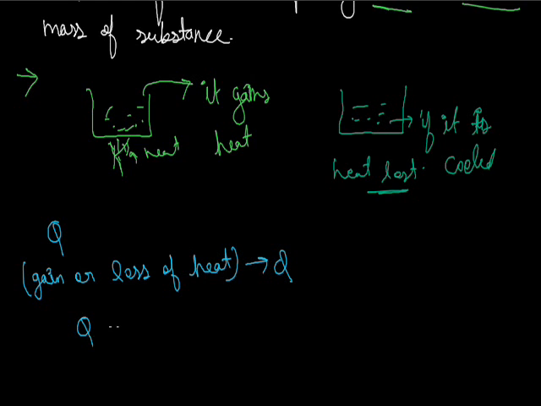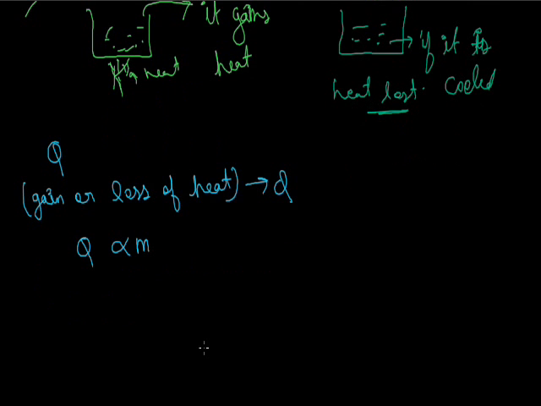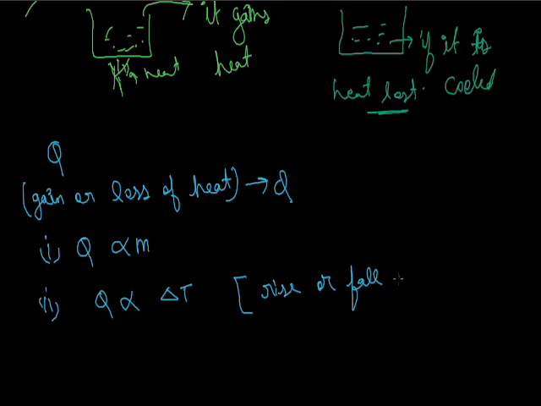Gain or loss of heat, Q, is directly proportional to the mass of the body and the rise or fall of temperature of the body. First, Q is directly proportional to the mass of the body, and second, Q is directly proportional to the rise or fall of temperature of the body. This delta T is the rise or fall of temperature of the body.